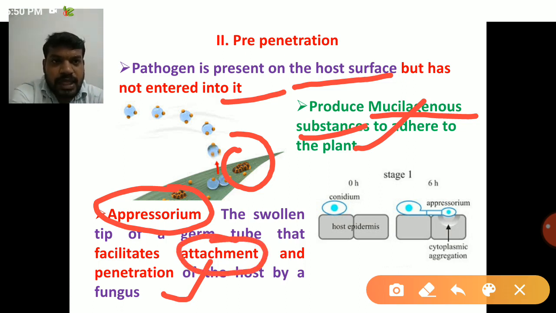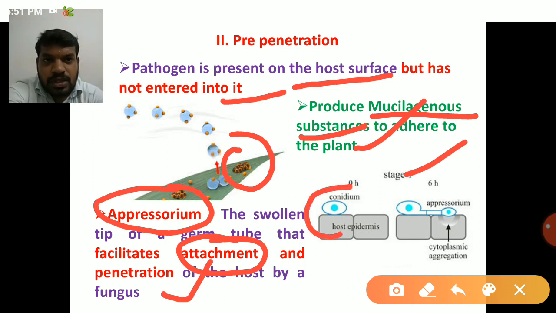So you can see this picture. In the first stage, the conidium is a spore of fungi. The pathogen comes in contact with the host surface, and it will produce a germ tube. A germ tube is nothing but the first hypha or first body of the fungus produced from spores. Spore germination is like seed germination.